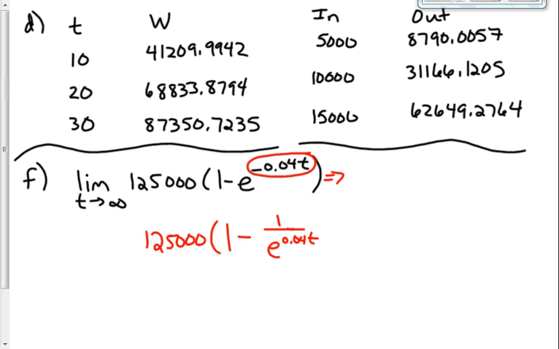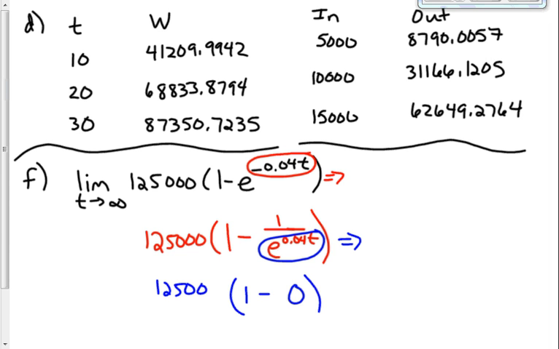So this thing in the bottom here is trying its best to become a really big number. And 1 over a really big number is trying its best to become 0. So this is what we're trying to get to. And when you work that out, it is trying to become 125,000.